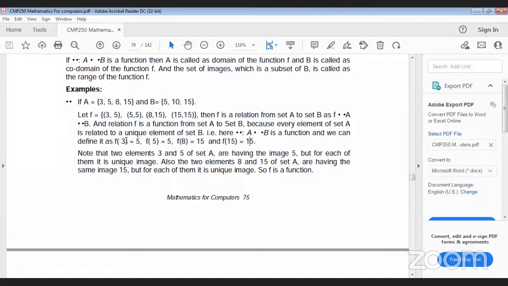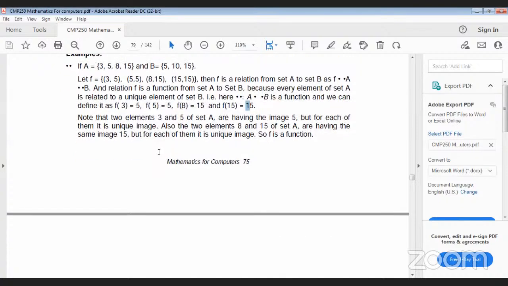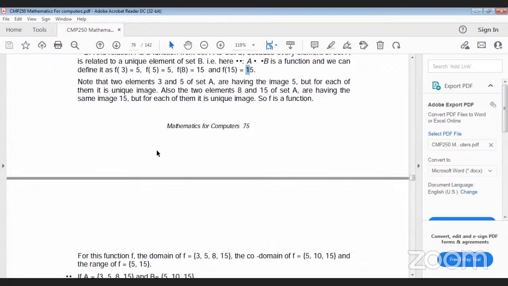Now you can understand 3, 5, 8 and 15 are the x values, so they are from the domain part. Then 5, 5, 15 and 15 are elements from B, the codomain part. So therefore, that is a function.